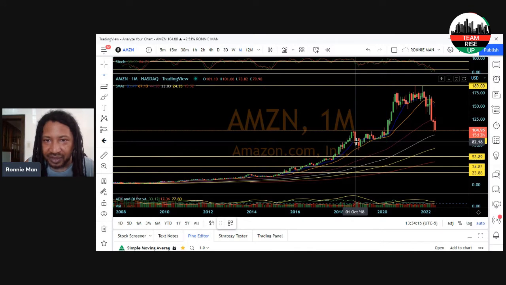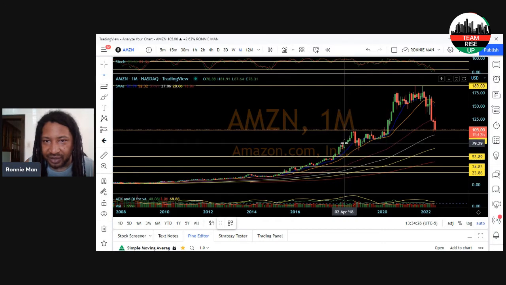This could be considered right here, this little break here. It got a pushback right here. It did create a higher high, but these three candles for these 3 months kind of topped around the same area.